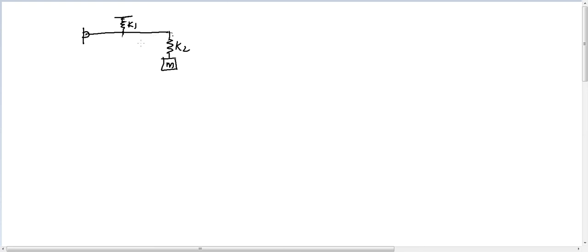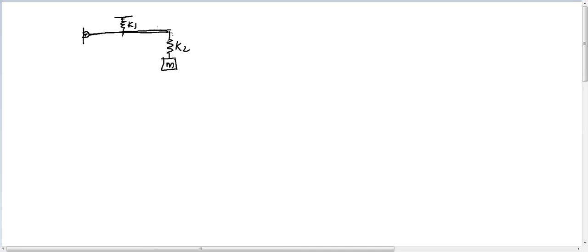Now let us try to find out the natural frequency of this system. This one is a rigid bar which is hinged at one end, that is, it can freely rotate about this hinge.